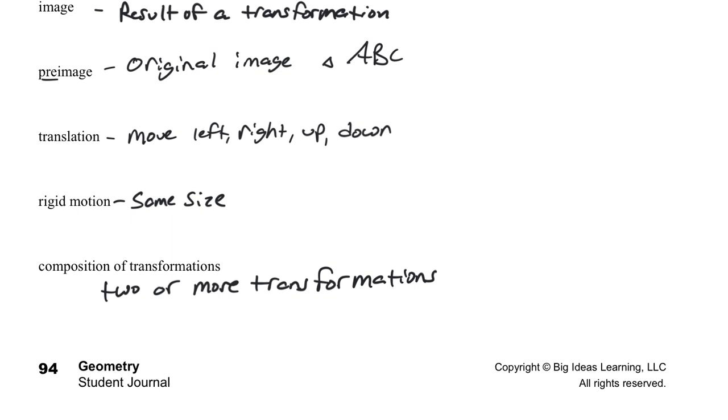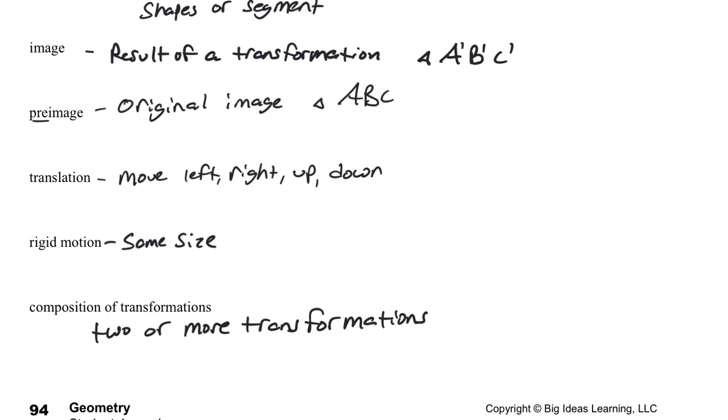Then we would call that something like triangle A prime, B prime, and C prime. And notice we have these prime symbols. If we have another transformation, we could eventually have something like A double prime, B double prime, C double prime, meaning a second transformation happened.